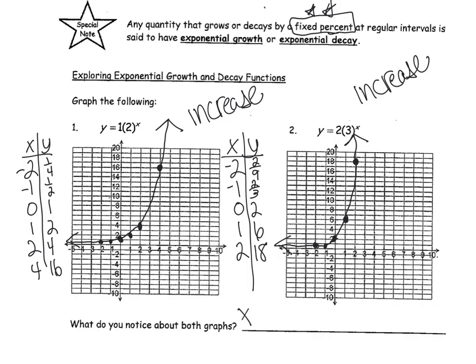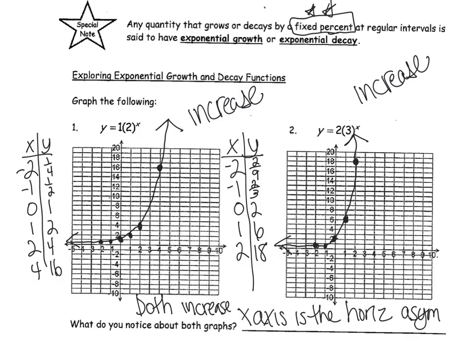We call that the x-axis. The x-axis is the horizontal asymptote. And I just put that they both increase, but we already wrote that up top, so that's fine.